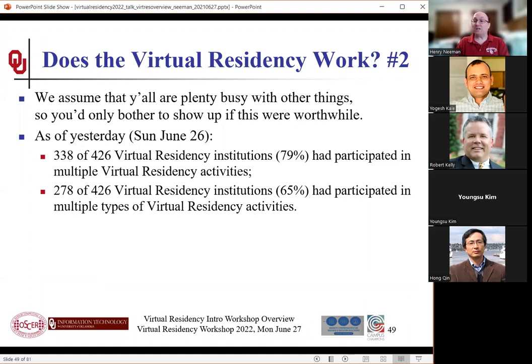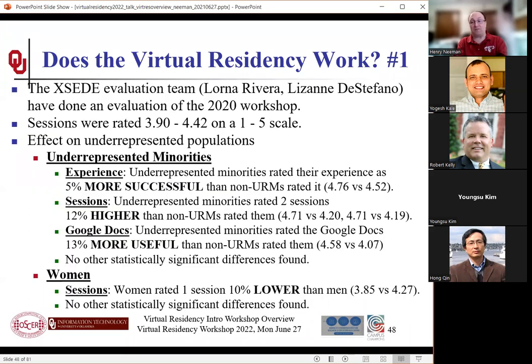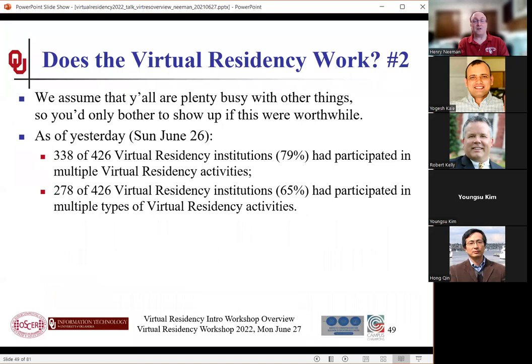Does it work? Well, the evaluation certainly suggests it does. So does the fact that people and institutions keep coming back. As of yesterday, I ran the numbers last night, 79% of virtual residency institutions have participated in multiple activities, and 65% have participated in multiple categories of activities over the years.